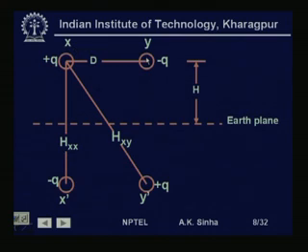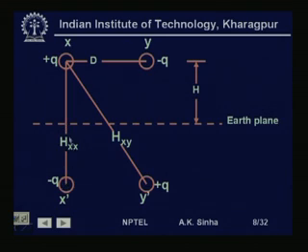Now, this system of two conductors is above the ground at a height of h meters. If we have to take the effect of ground or earth, we have to consider an image conductor x dash, placed directly below conductor x at a distance h below the ground.